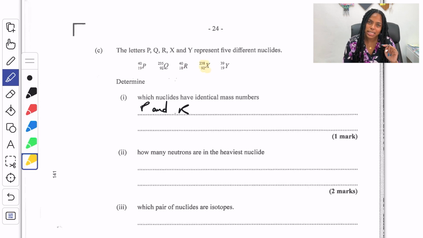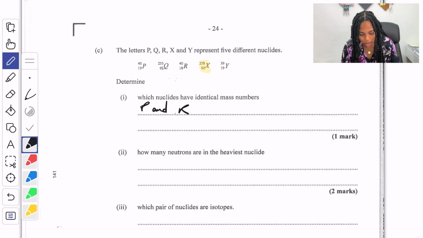Now the 238 is the mass number, which is the number of protons and neutrons. And then the 92 is the atomic number, which is the number of protons. So if we subtract those two numbers, we'll get the number of neutrons. So number of neutrons is equal to 238 minus 92, which gives me 146 neutrons.